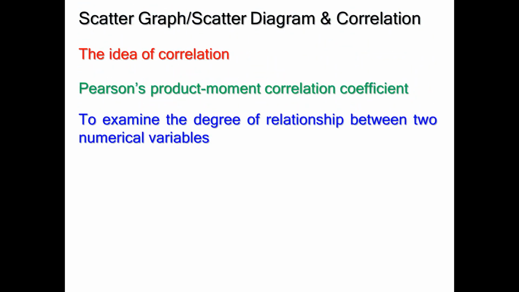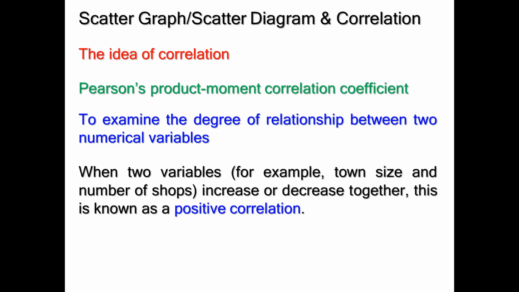Correlation is one of the most widely used statistical techniques in geography. It is used to examine the degree of relationship between two numerical variables. When two variables, for example, town size and number of shops, increase or decrease together, this is known as positive correlation.